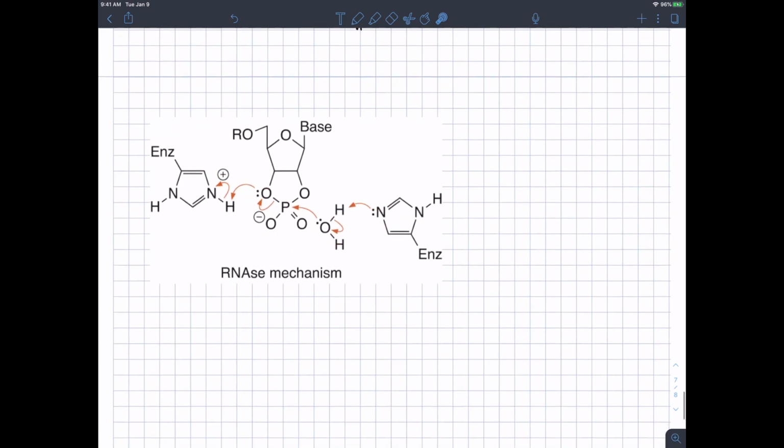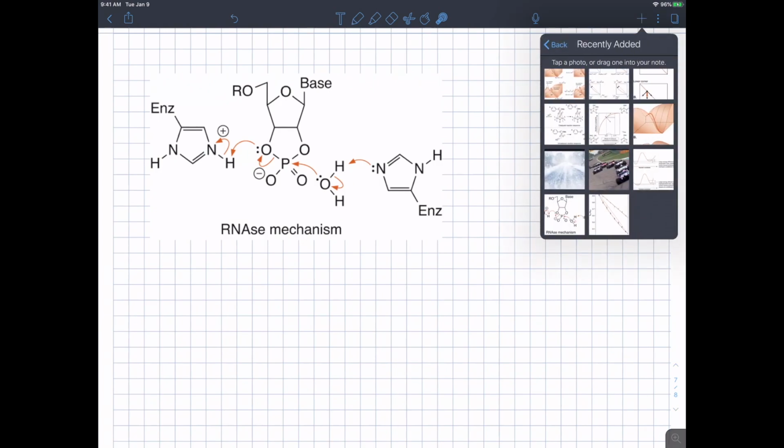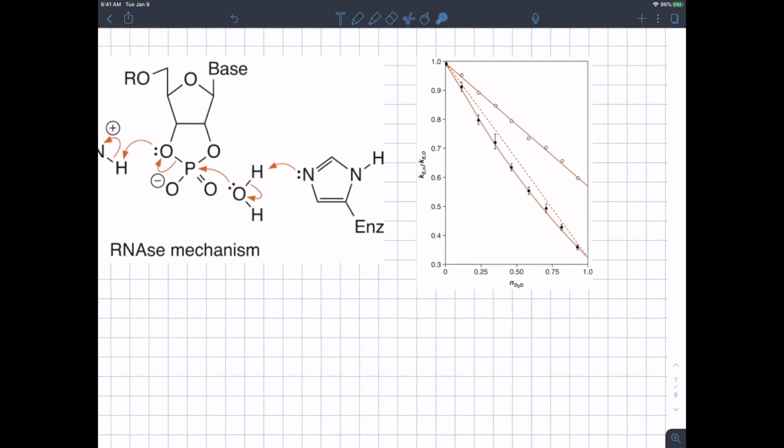And this is a perennial question that is troublesome for people that take biochemistry or that take 352 and learn some biological reaction mechanisms. How do you know when a proton transfer occurs in the same step versus a different step? And the answer is you do a proton inventory.